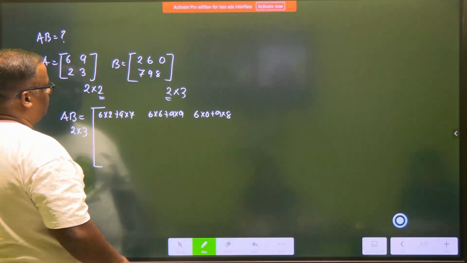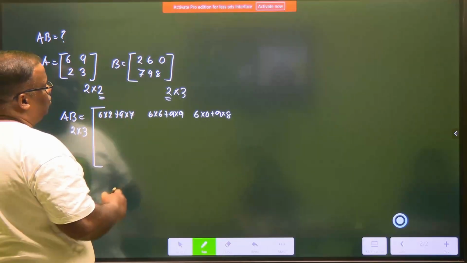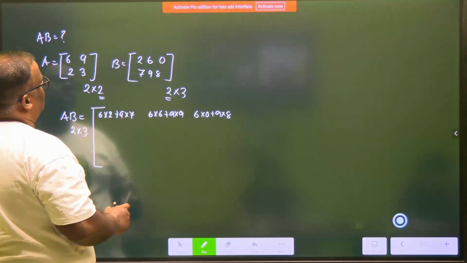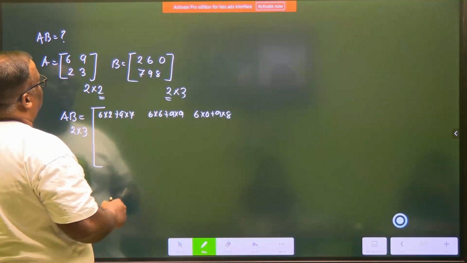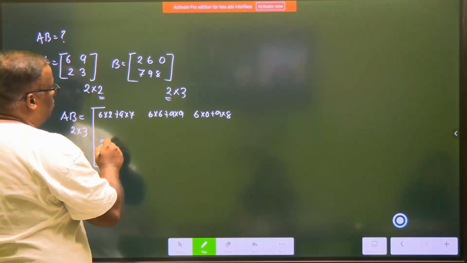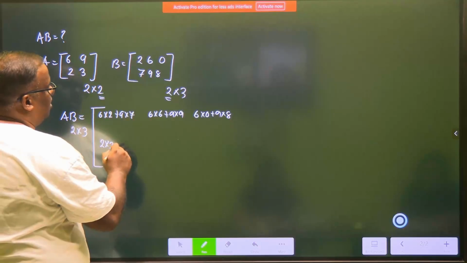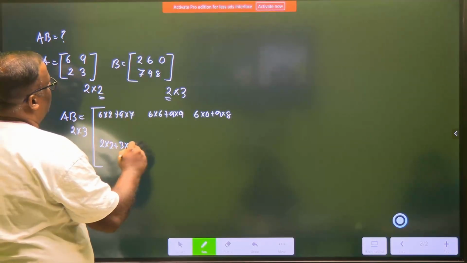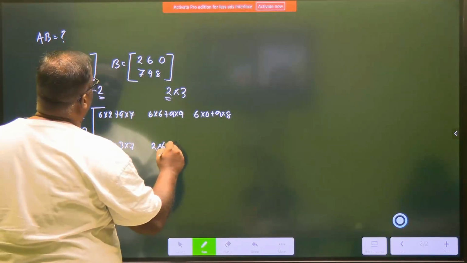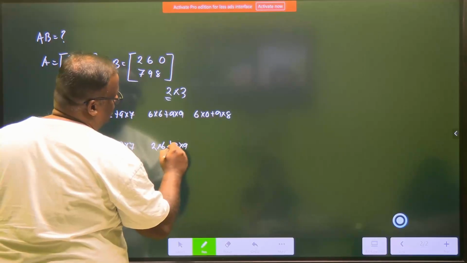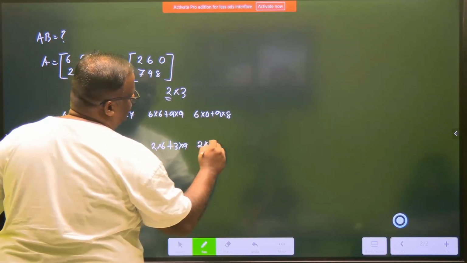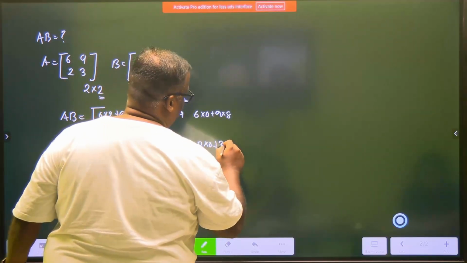Then this will be 2 cross 3, 2 rows, 3 columns. Okay, this is done. Then we say 2, 3: 2 cross 2 plus 3 cross 7. After that, 2 cross 6 plus 3 cross 9. After that, 2 cross 0 plus 3 cross 8.